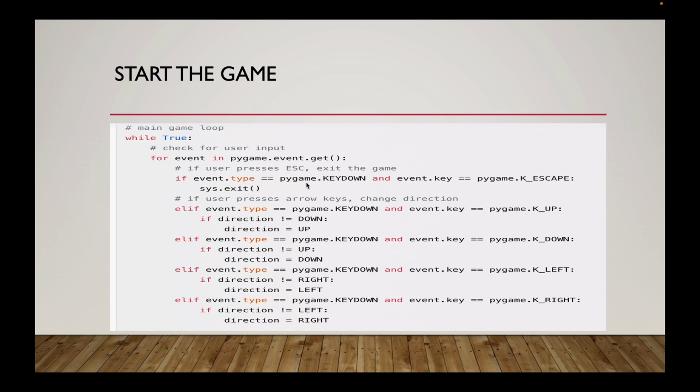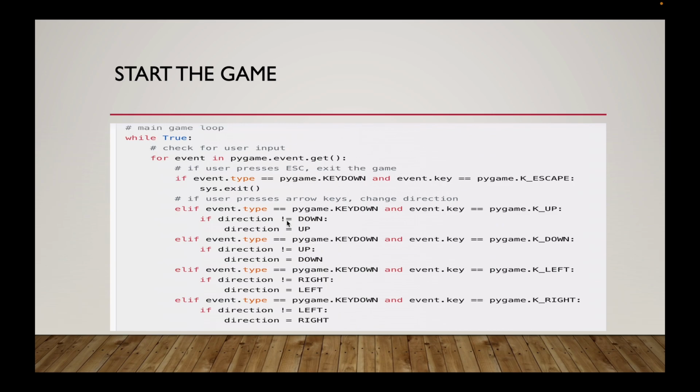So here, if type is pygame.KEYDOWN, it means we are pressing some key and the key is event.key equal to pygame.K_ESCAPE, then we are going to exit the game. Otherwise, if it is up arrow and the direction is not down, then we will move our snake.